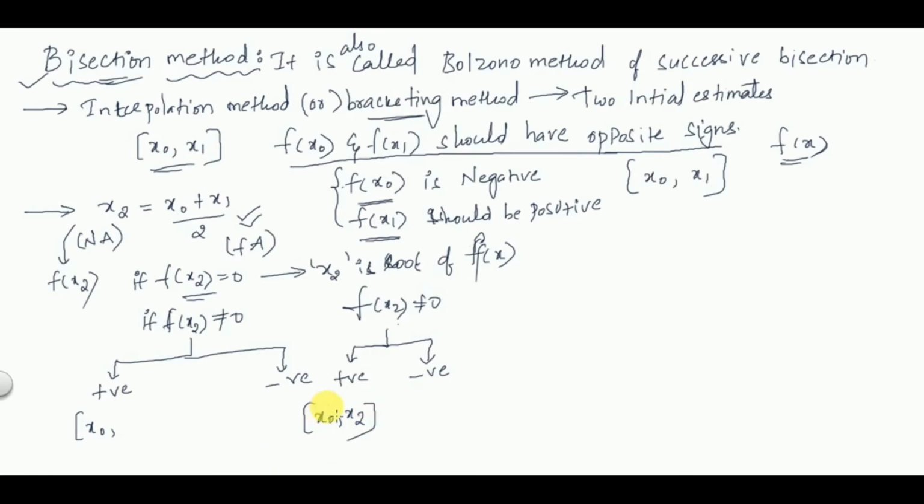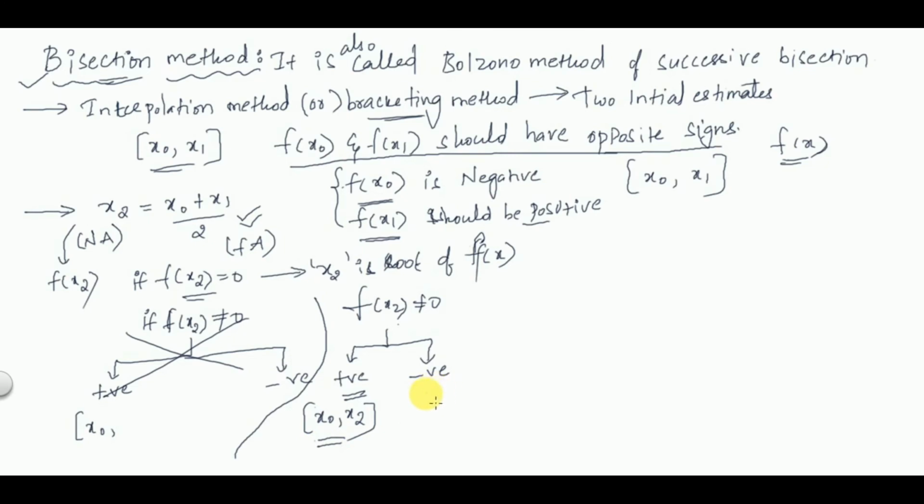I am cancelling this; the root lies between x0 and x2 only. Why? Because x1 is positive and f of x2 is also positive. In this case, the root lies between x0 and x2.